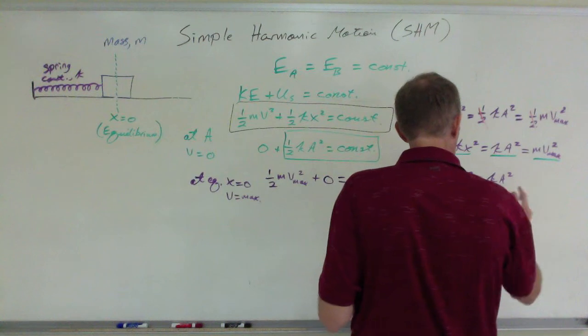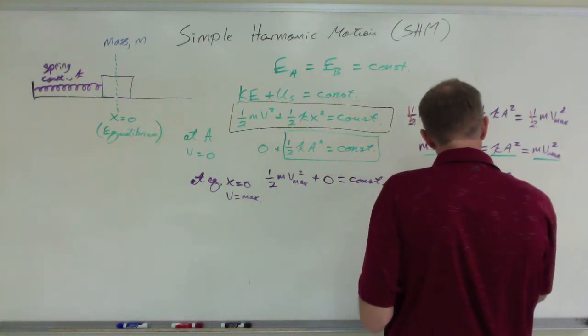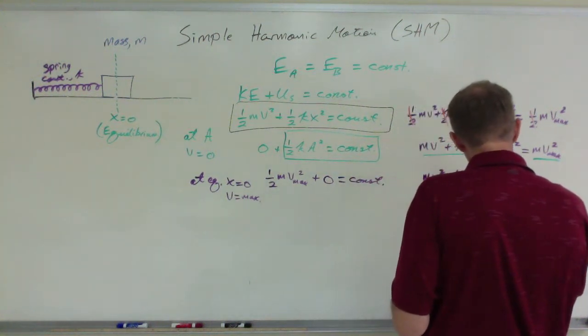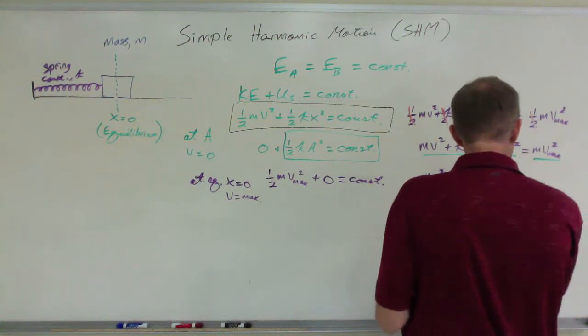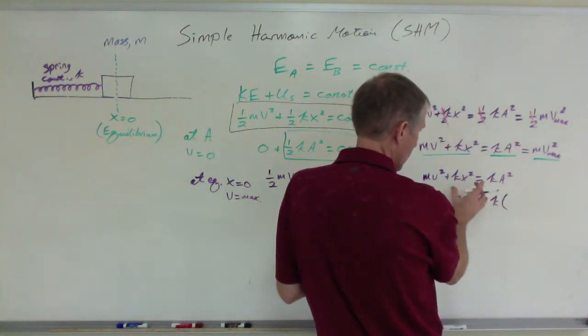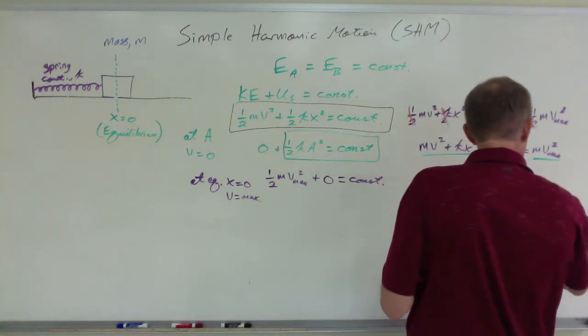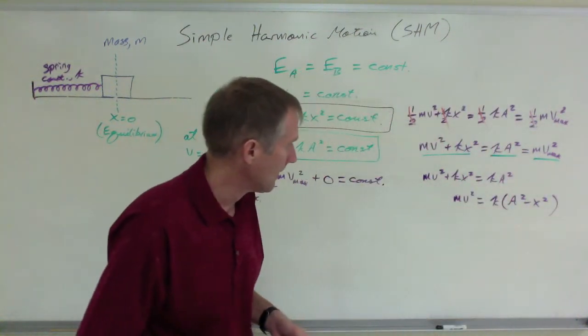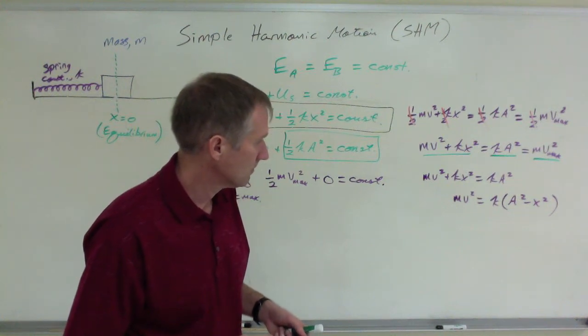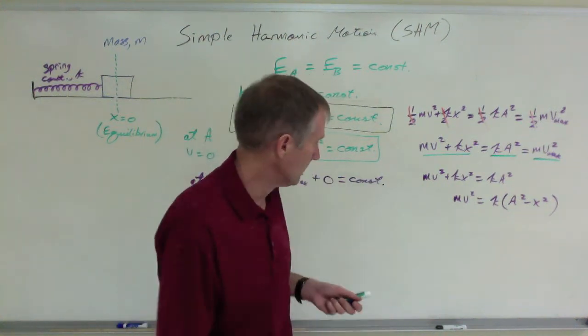So I'd subtract that to the other side. So mv squared equals k times A squared minus x squared, because I subtracted that over there. And you can't just go take the square root of that as it is, and it's not going to simplify it if you did.